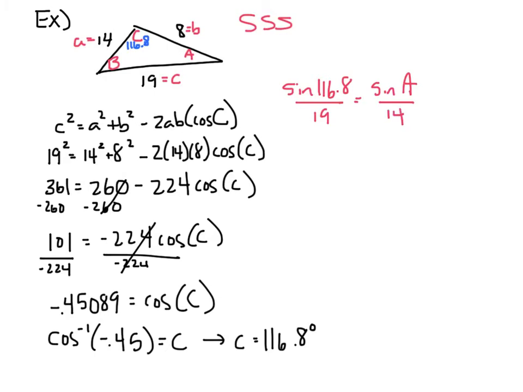And I could cross multiply and divide. 14 times sine 116.8 is about 12.5, and that equals 19 times the sine of A. So I'm going to divide by 19, and that'll give me 0.657, and then I'm going to take the inverse sine of that to get A is equal to 41.12 degrees.